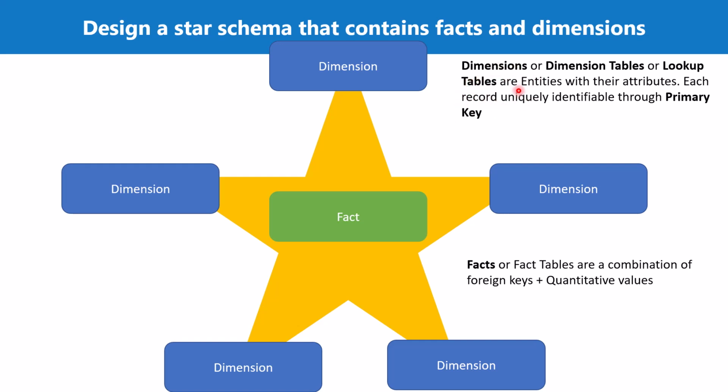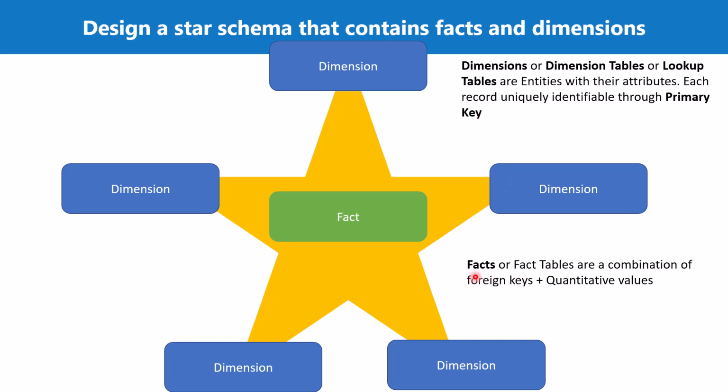Don't worry if you are not able to understand it right now, because we are going to do a comprehensive example in the next part of this video. Just keep in mind the two important things that I mentioned here. First one is the basic definition of a dimension, and the second one is that this dimension table should have records which are uniquely identifiable through the primary keys.